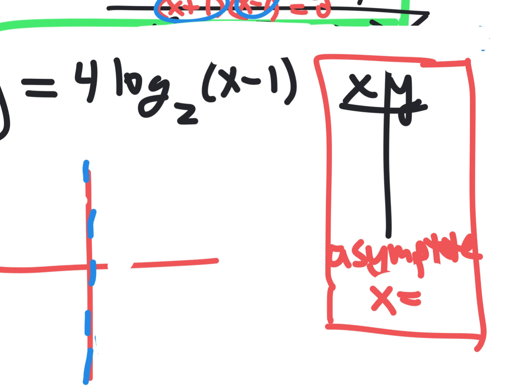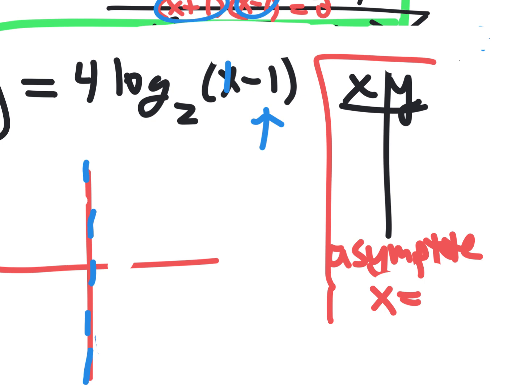But our exact points would be, if I put in a 1, that would be smart because I did it in my head and that made the inside 0, that is the asymptote. If it makes the inside 0, that makes the asymptote. The other way you can think of it is the asymptote needs to move to the right 1. So x equals 1. Either way, that's how you find the asymptote.